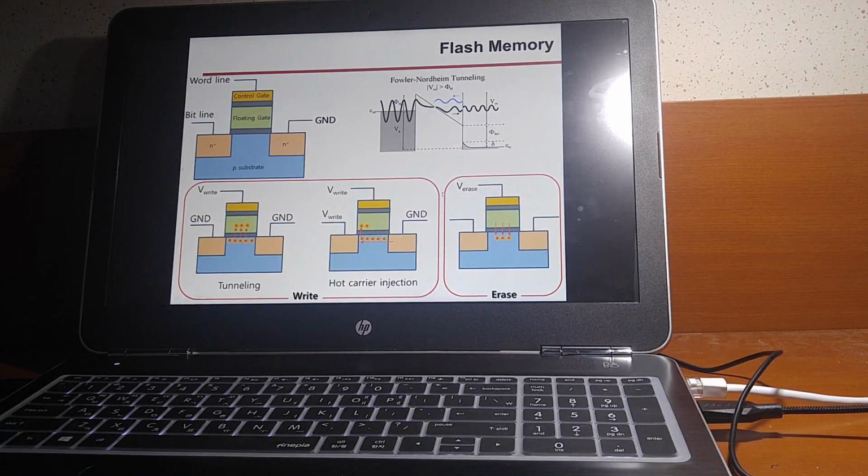And if you want to erase, using this mechanism, we give reverse bias. And for the hot carrier injection, we use the avalanche effect.